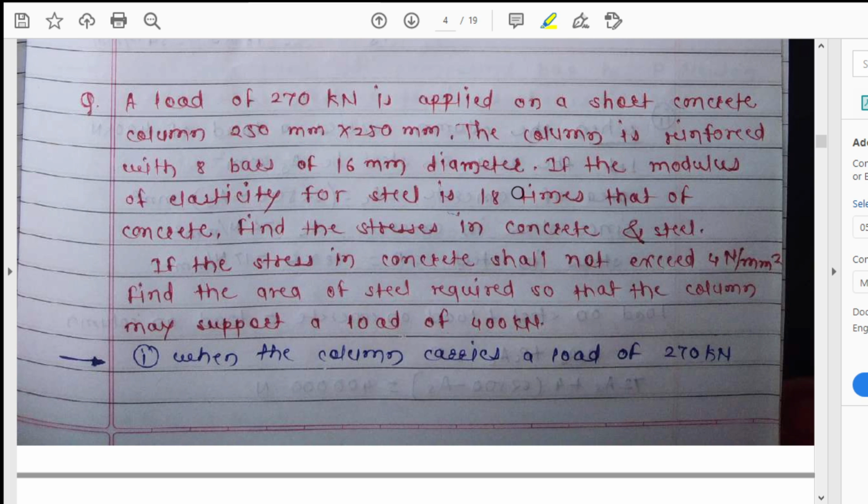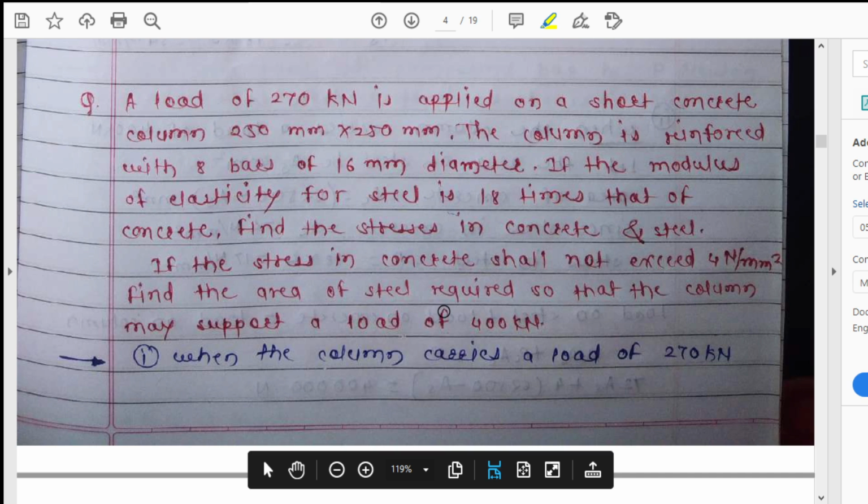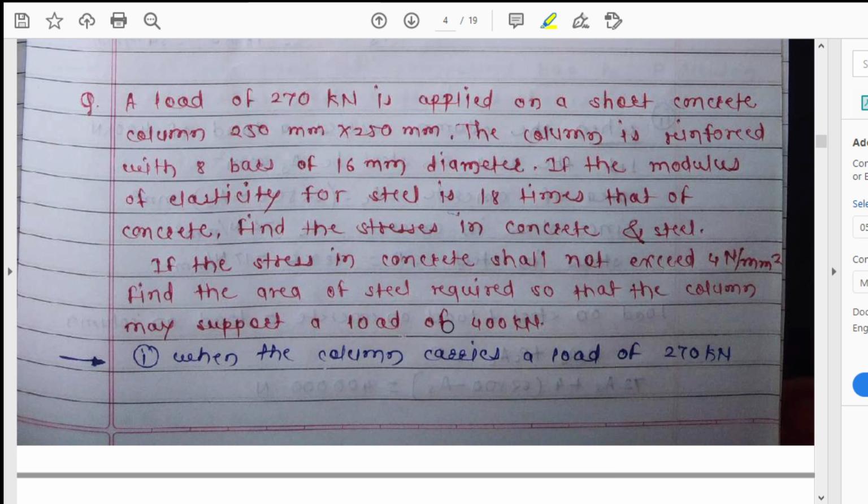If the modulus of elasticity for the steel bars is 18 times that of the concrete, find the stresses in concrete and steel. Now, if the stress in concrete shall not exceed 4 newtons per mm square, find the area of steel required so that the column may support a load of 400 kilonewtons.